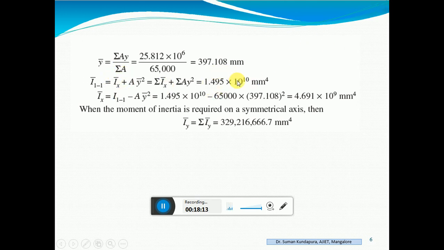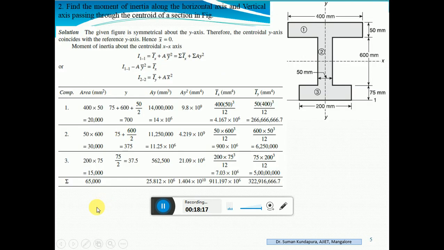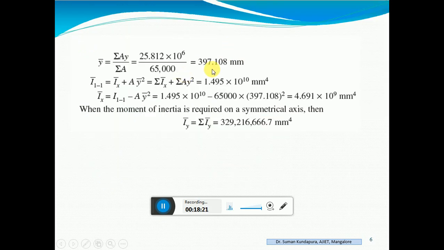I11 is this value minus area 65,000 into y bar, 397.108 whole square, because it is y bar square. So reducing this to 4.69 into 10 raised to 9 millimeter to the power 4. So I got Ix bar so much.